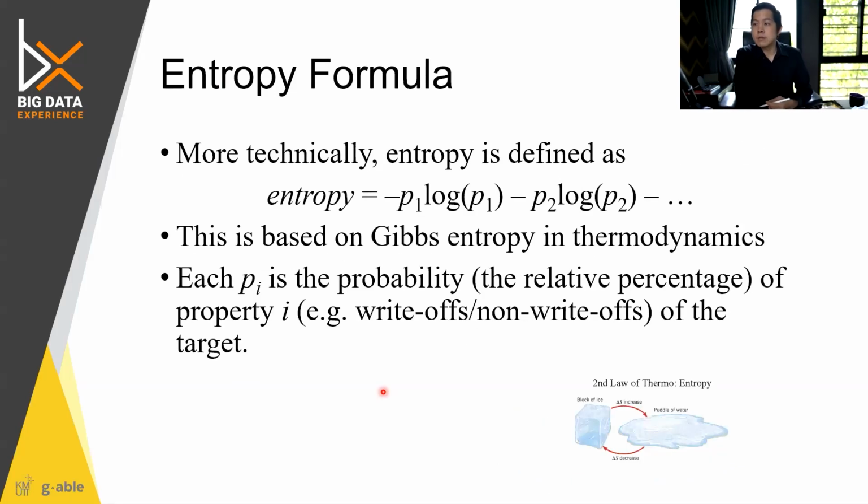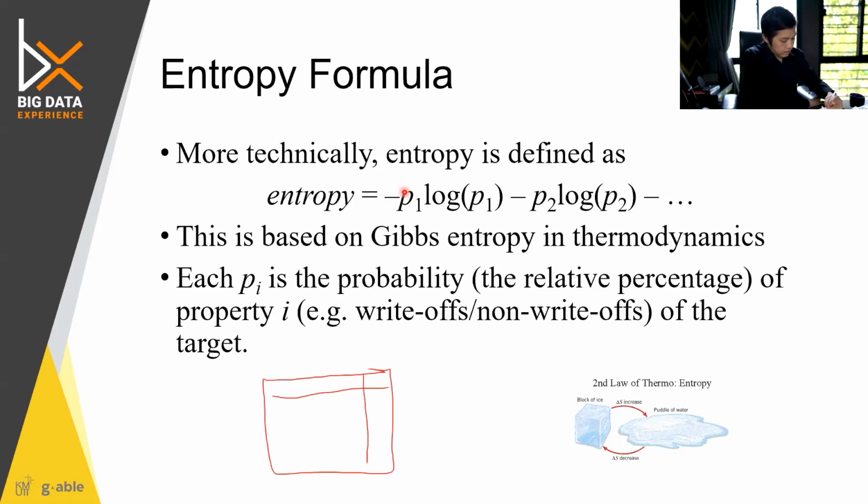Entropy can be measured by using the Gibbs entropy equation in thermodynamics. Gibbs entropy equations have forms like this one. This is the proportion of being in class 1. So when I talk about this, it means that we may have a data set like this one, and then you have one label, maybe Y. This Y can be yes, no, no, yes, no, whatever.